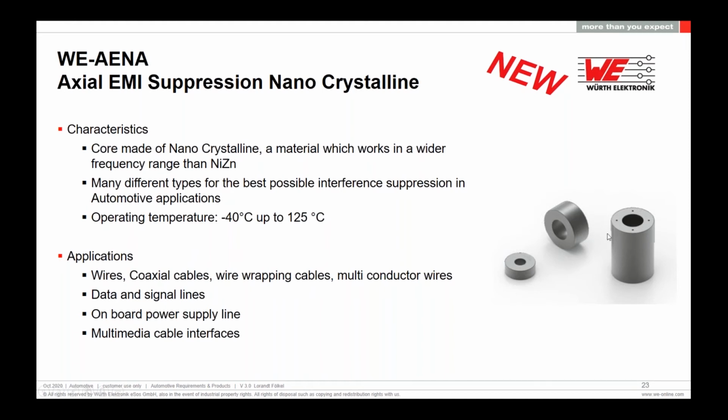We put them into a plastic enclosure, a completely plastic housing, which keeps the force from the winding away, and also keeps the component very safe from short circuits and from moisture, so it doesn't rust. Because of the plastic, the operating temperature is only 125 degrees Celsius, but because it's not sintered, it has no drifting like the sintered materials in a temperature range from minus 40 to plus 85 degrees.